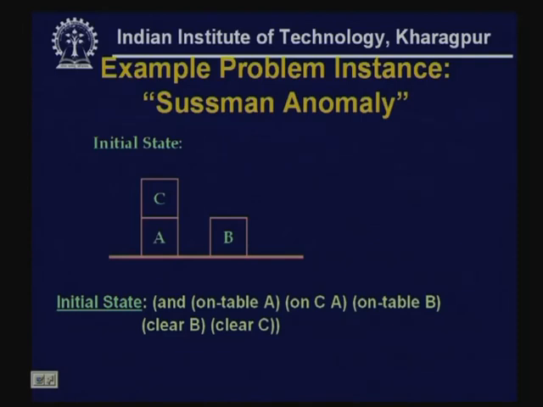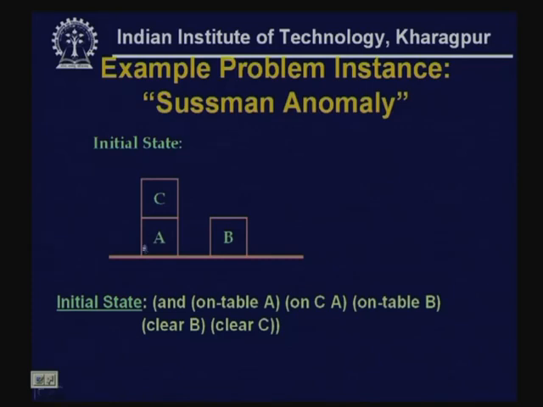Now, let us look at a very famous problem, the Blocks World planning problem, and what are the difficulties some algorithms face to solve this problem, basically the problems that STRIPS faces in solving this problem. This problem is called the Sussman anomaly.